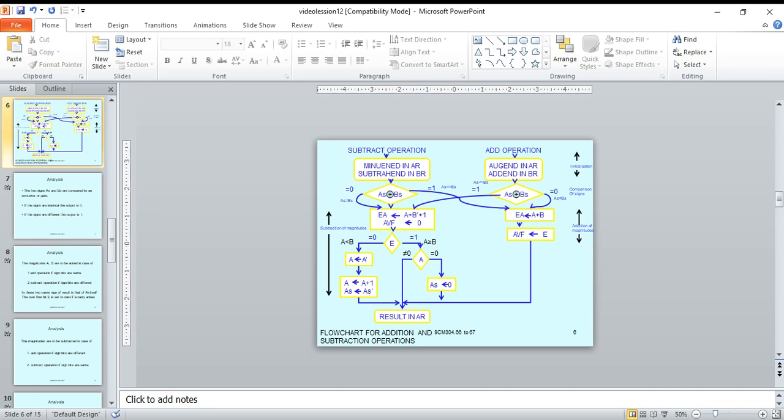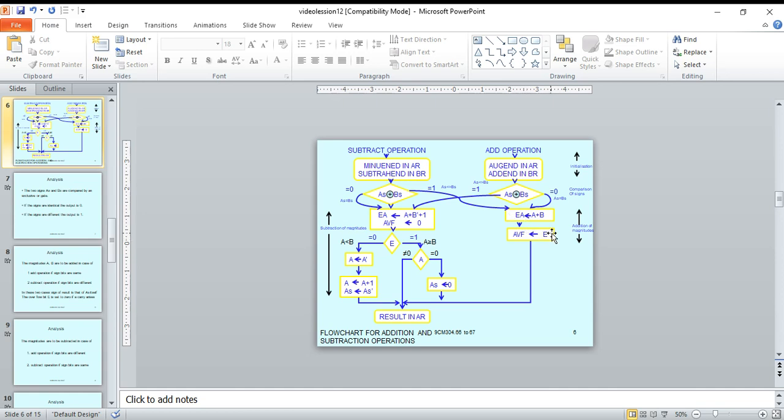Then we will get the addition value: A plus B, perform the addition of the two numbers. The result was placed into the EA register.